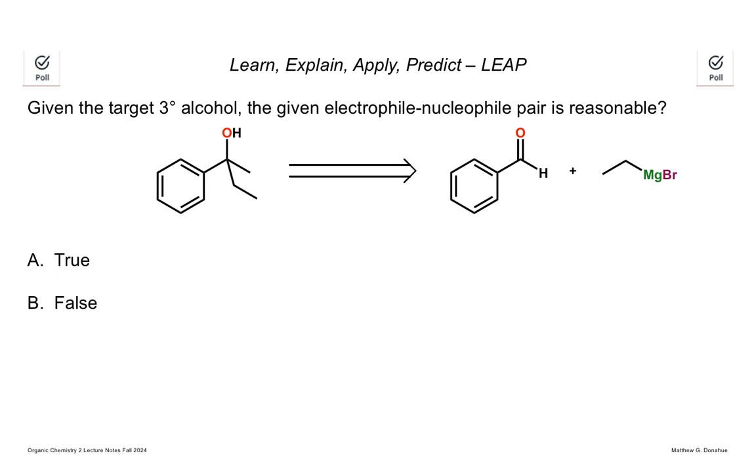So if this is our product, with this indicated pair, the aldehyde would be your electrophile, and the ethyl magnesium bromide would be your nucleophile. If you reacted these two together, would you get that product? The answer here would be false.